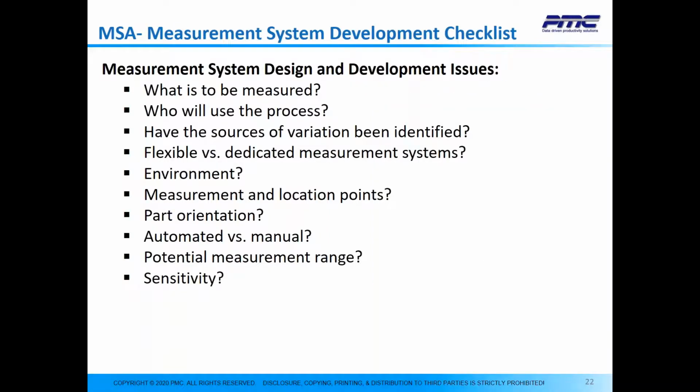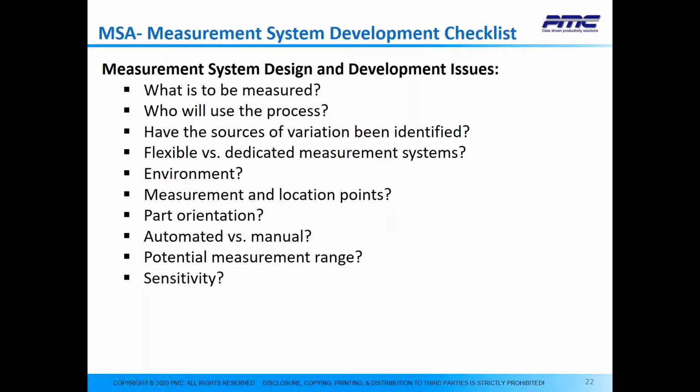When you are developing a measurement system, or let's say you don't know what kind of measurement system to develop for your processes or measuring your products, there is a checklist that you could use, and I try to do my best to provide that list here. You should start with what is to be measured.